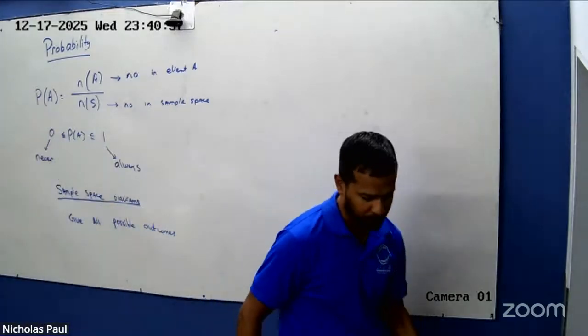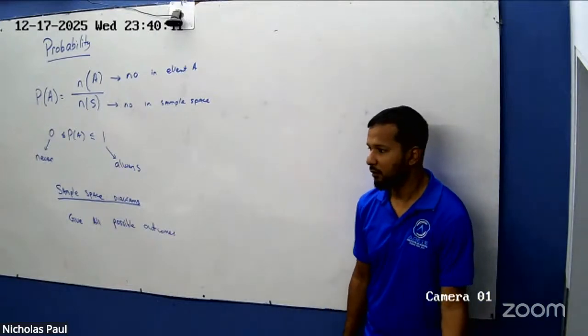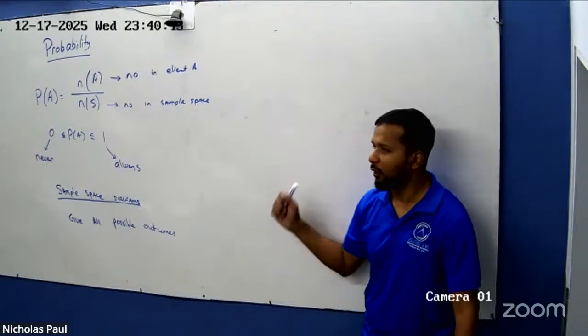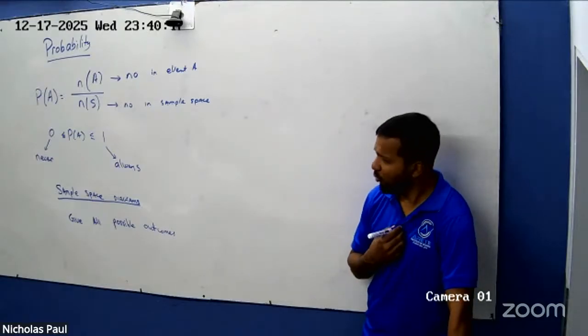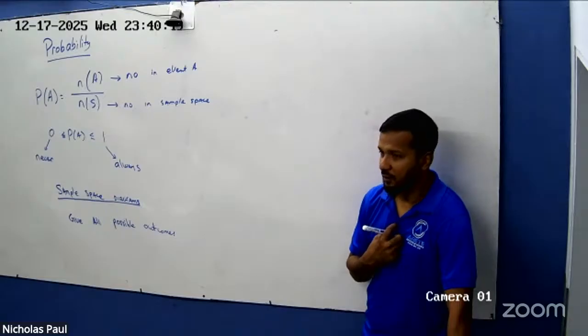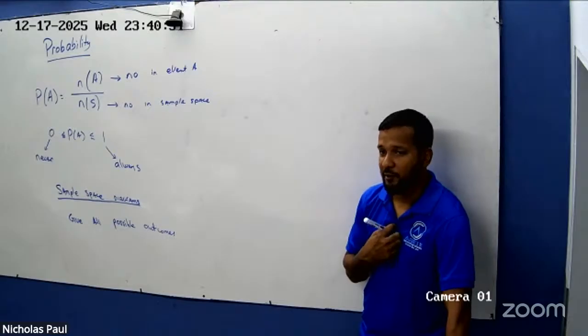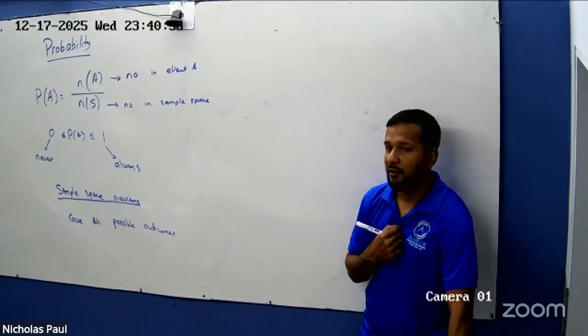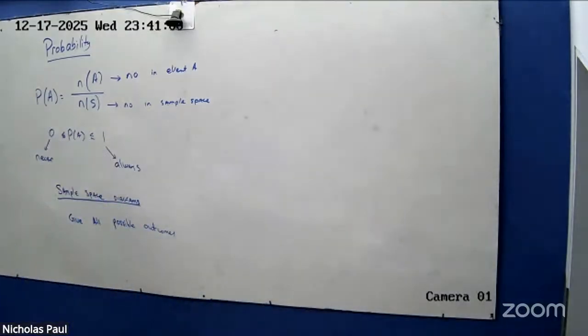We did this recently. Did the whole thing or just a review? I did the whole probability. I did the diagrams as well. I was reviewing it, but I don't know.